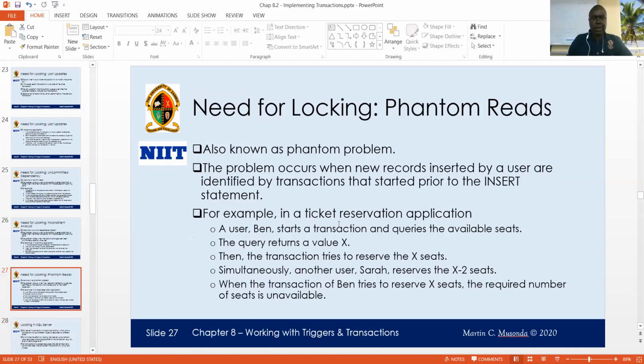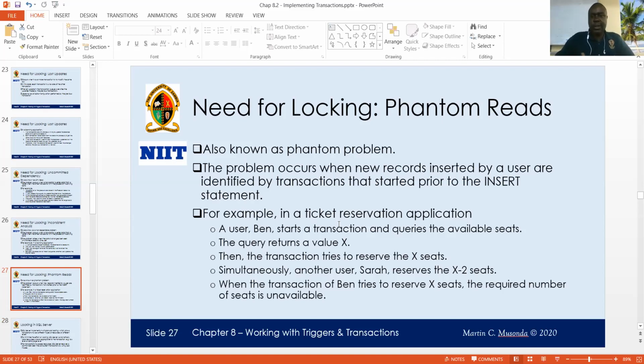The last one of the errors, or why there is need for locking, is phantom read. Phantom, what does the word mean? A ghost, okay?